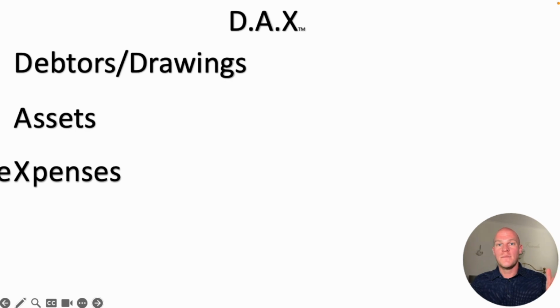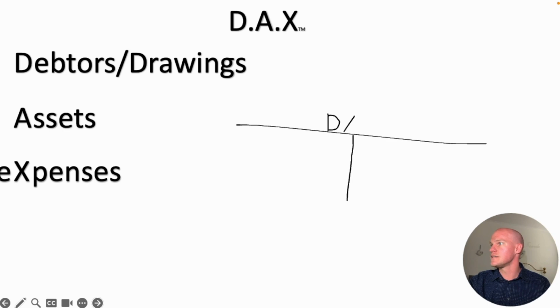Now, what makes DAX so special, and why do I need to learn this acronym? Well, if I quickly draw you a T account over here, if we look at the T account, please mind my ugly drawings. Okay, the key fundamental part that we need to understand within terms of DAX is that on the debit side, the left-hand side over here, everything in terms of a value goes up.